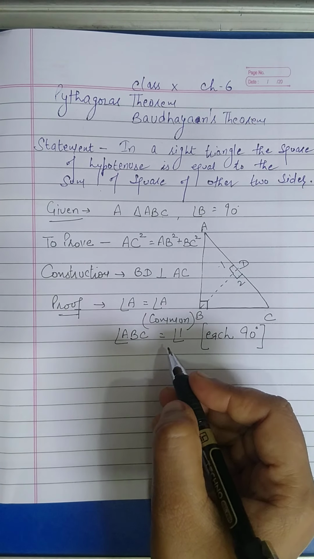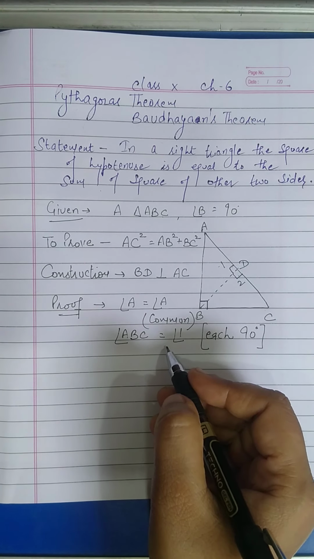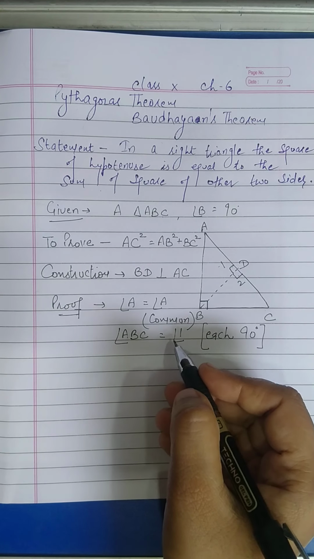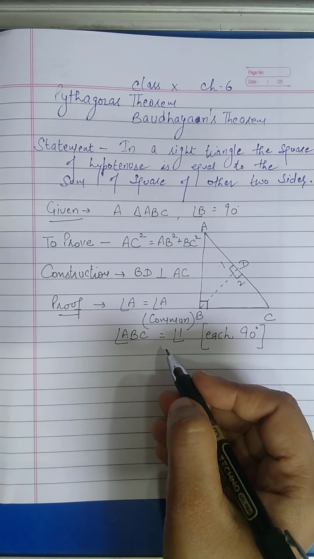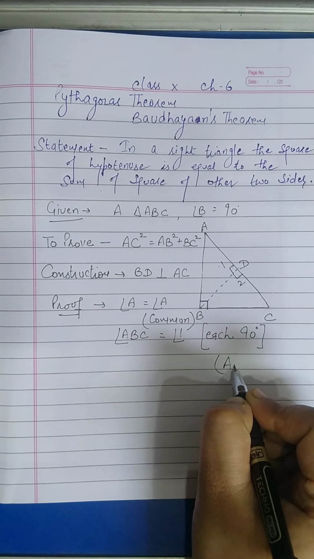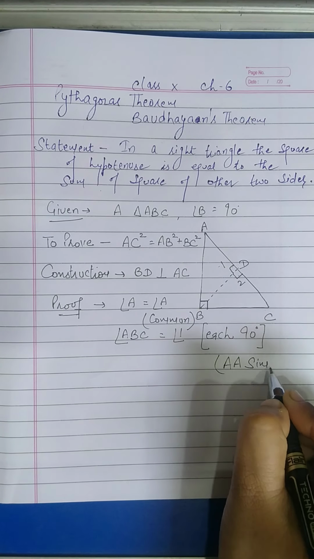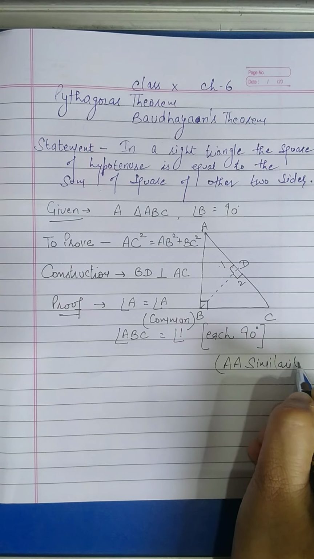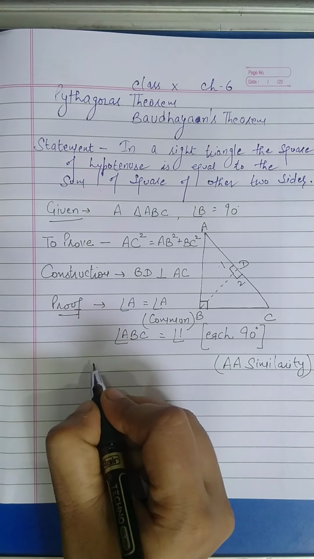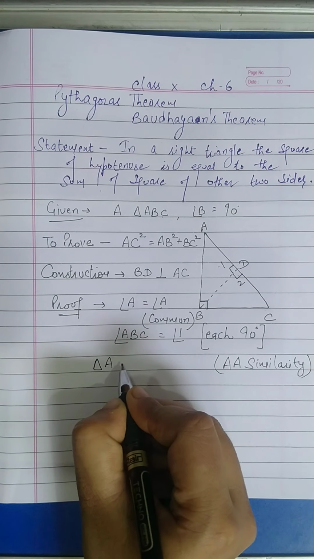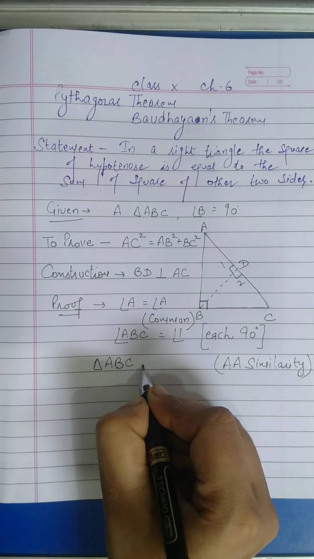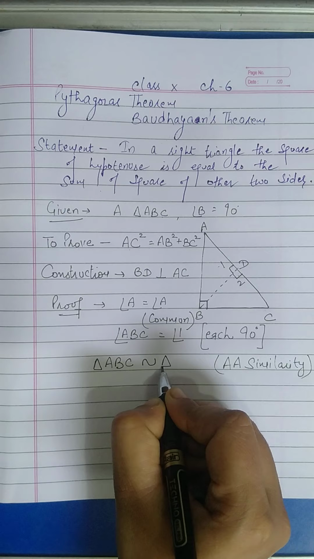We know two triangles are similar by AA criteria because in these two triangles, two angles are same. We can say two triangles are similar by angle-angle similarity. Now let's write the name of the triangle. The name of the first triangle I have written ABC. Similar, two triangle.